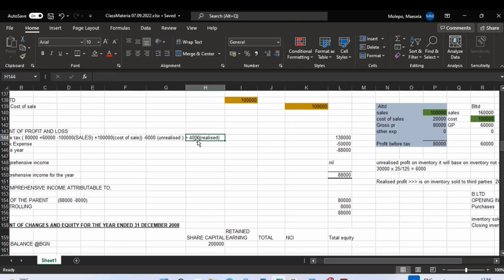This 4,000 was realized, so you're going to subtract it. The reason you subtract it is that it was added before. Now because it's realized, you are taking it out. That was on the opening inventory, because it has now made a profit.